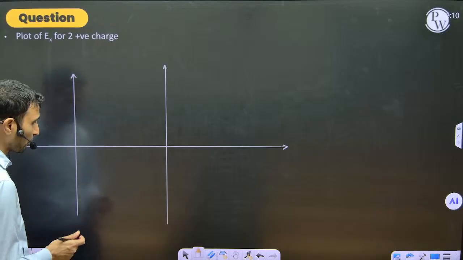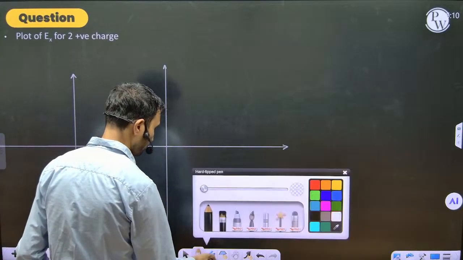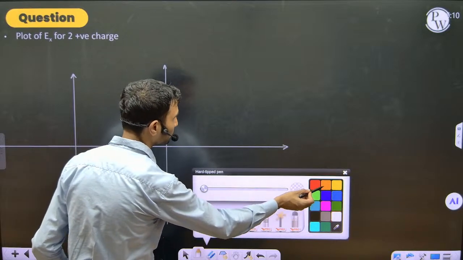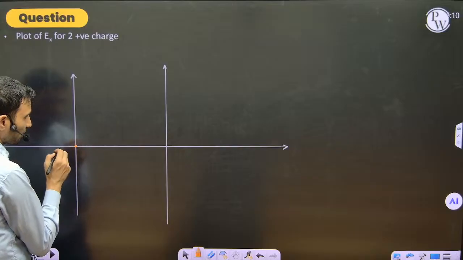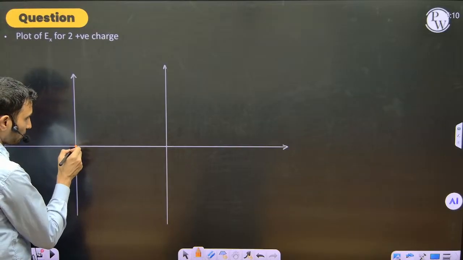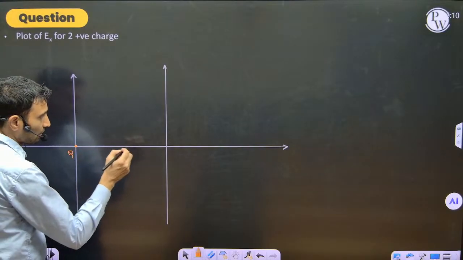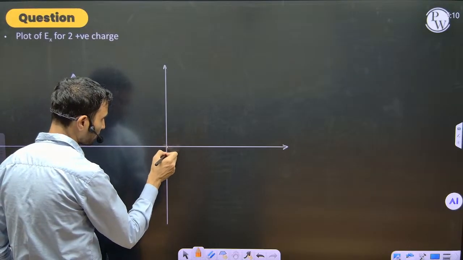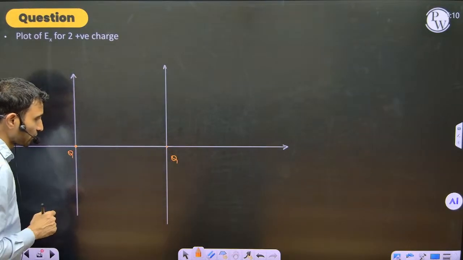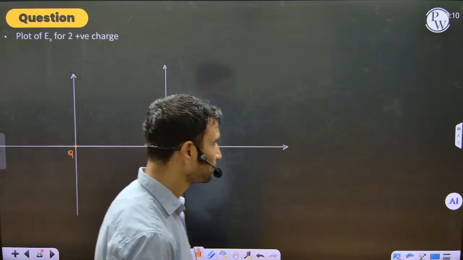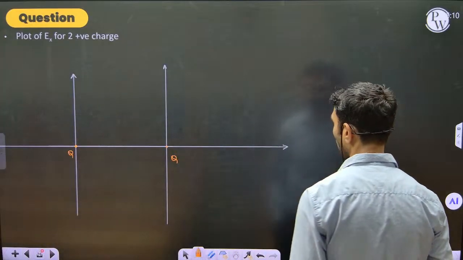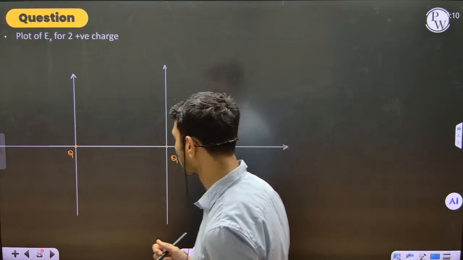So if you have two positive charges, what will be the electric field? Let's see. Here it will be, let's say Q, and here also it will be Q. Right, so both are Q and Q. Now let us find out the electric field due to the positive charges.